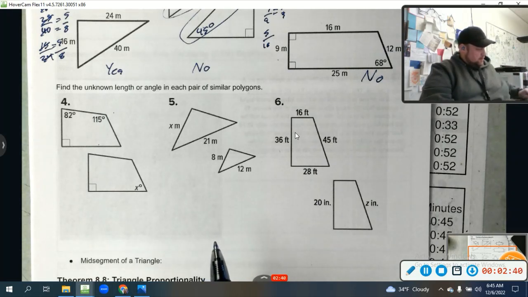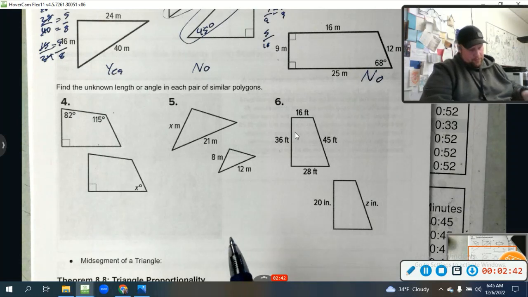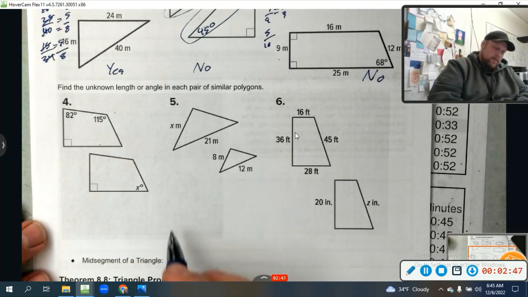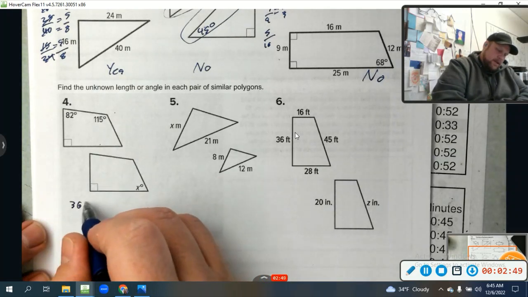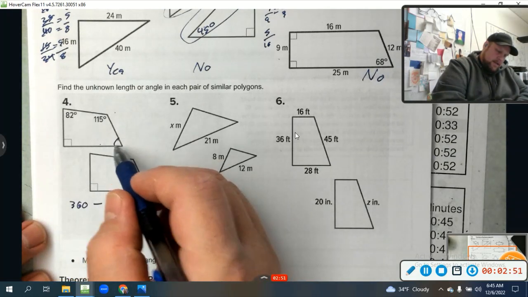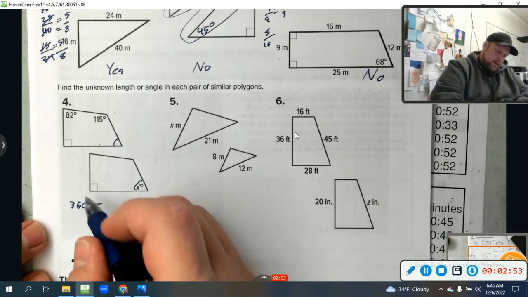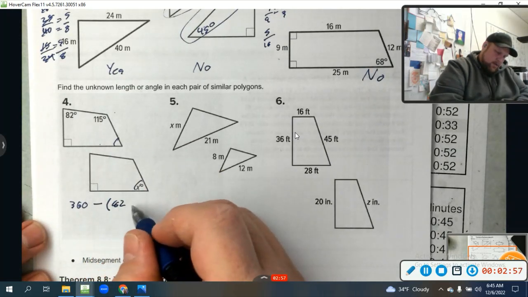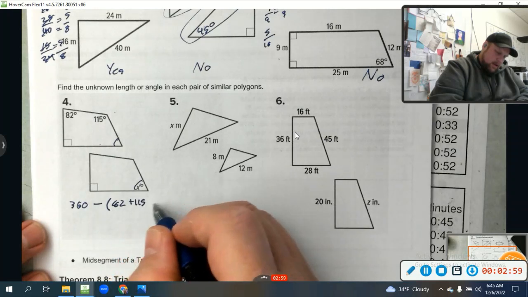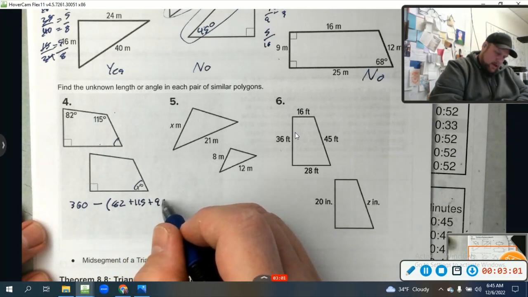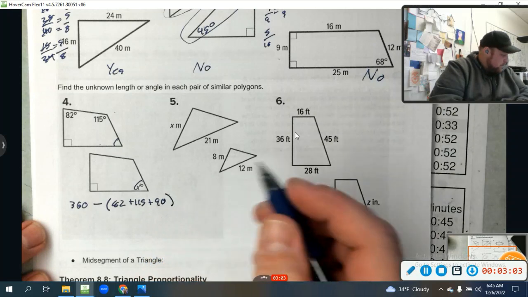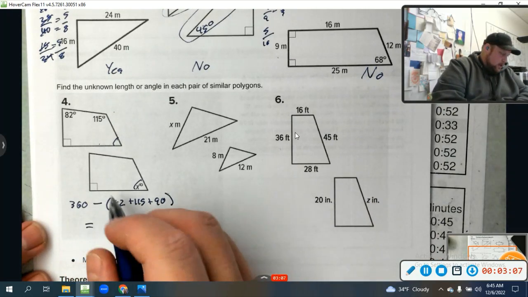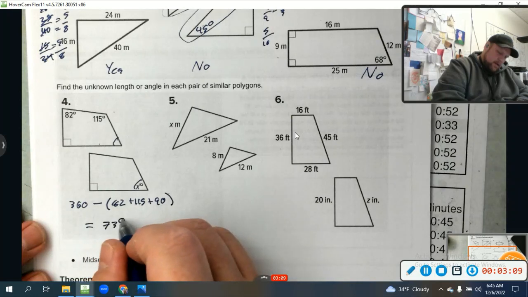In this case, I know the angles of a quadrilateral add up to 360 degrees, so I'm going to have 360 minus, since these two angles are going to be congruent to each other, 360 minus 82 plus 115 plus 9. And when you throw that in a calculator, that ends up equaling 73 degrees. Boom.